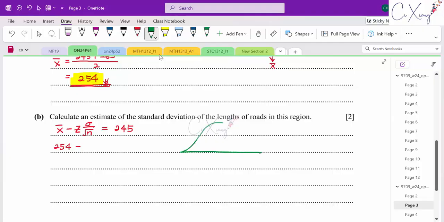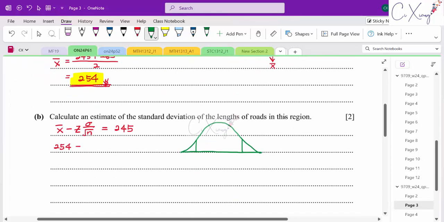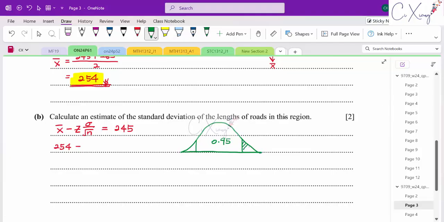Again, according to the normal distribution table, you're having a 95% confidence interval. The 95% confidence interval means that in the normal distribution table, your 95% is in the middle, and this side is 0.025, and this side is 0.025.